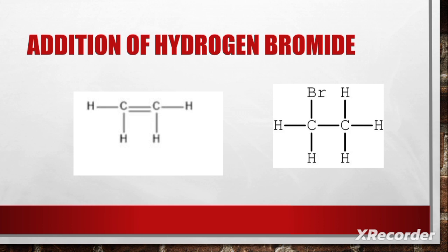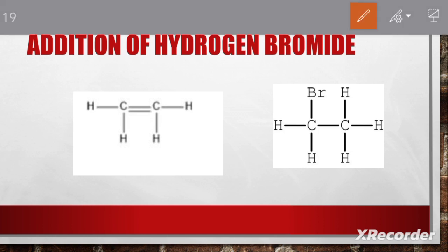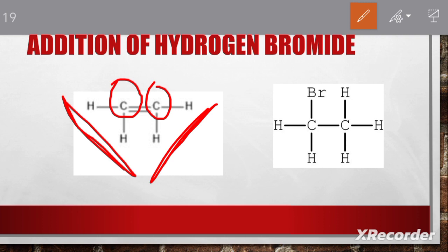According to Markovnikov's rule, the adjacent carbon containing more hydrogen gets the hydrogen, while the carbon containing fewer hydrogens gets the halogen atom. So here this one is a symmetric carbon, right? When we take these two carbons, both of them have two hydrogen.